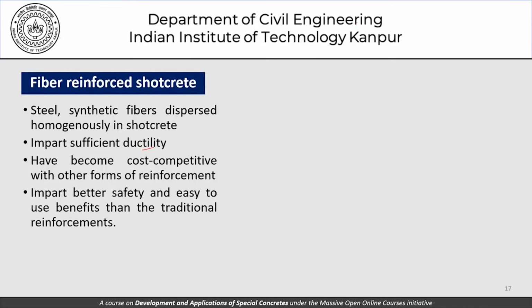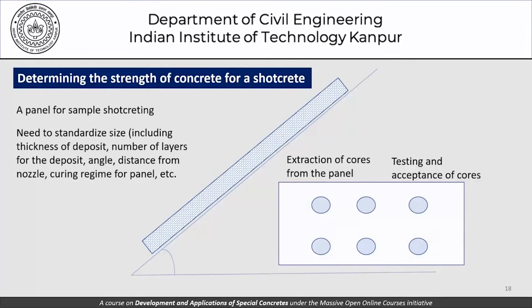Have become more cost competitive with other forms of reinforcement, impact better safety and easy to use benefits than traditional reinforcement. So of course, there are benefits of using fiber reinforced concrete systems, and in the case of shotcrete, we do have the ability of using the potential of steel fibers or any synthetic fiber we choose to use to a fuller potential. This slide is something which we have seen before.